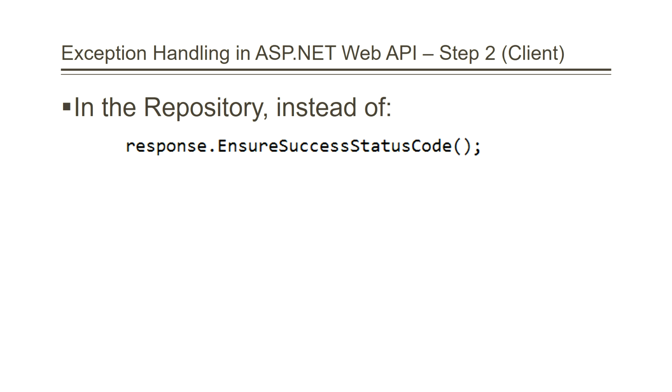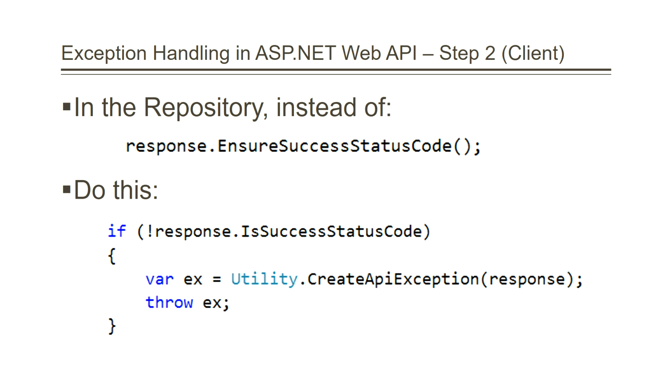So in the repository, instead of simply doing what we normally did in the past after our asynchronous calls to the web API, which was to call EnsureSuccessStatusCode, which would throw an exception if there wasn't success, we'll do this instead. We check: if it's not success, then I have a problem.